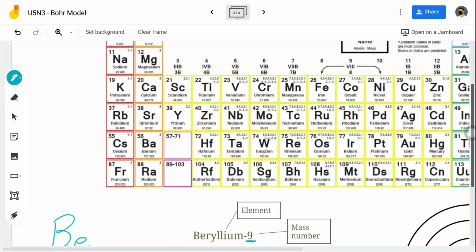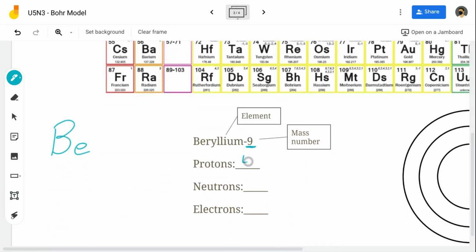So because the atomic number is 4, that tells us the number of protons. And then to solve for the number of neutrons, we're going to do the mass number of 9 minus that proton number of 4 to get 5 neutrons. The electrons and the protons are going to be equal, so that is 4.